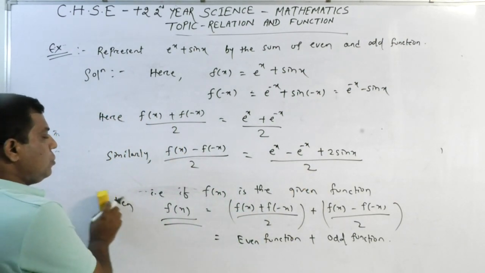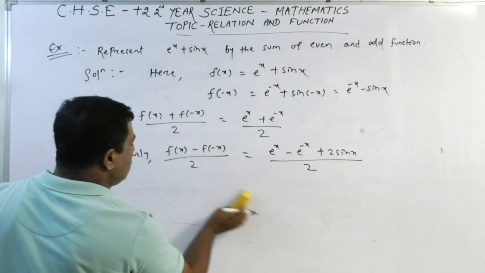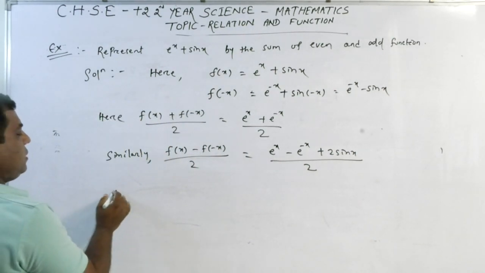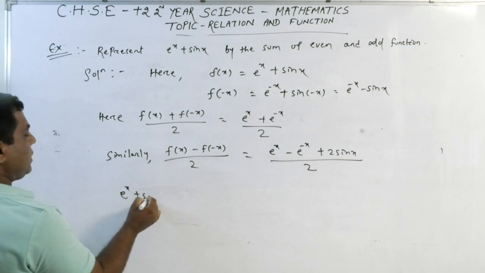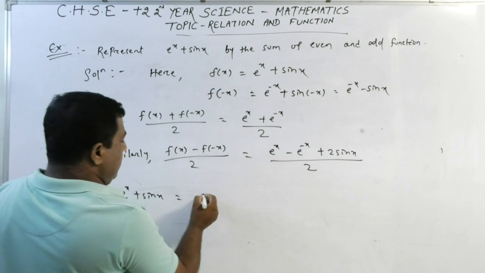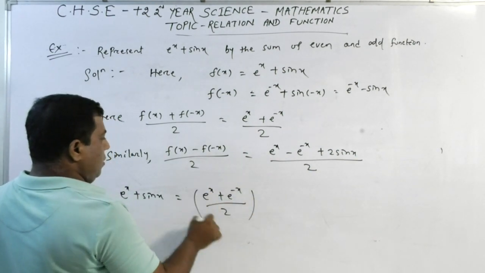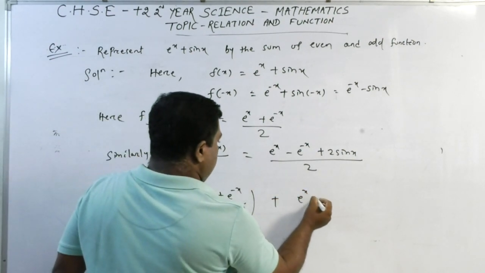Okay? So we can say that this function, e to the power x plus sin x, is represented as the expressions like this one plus this one.